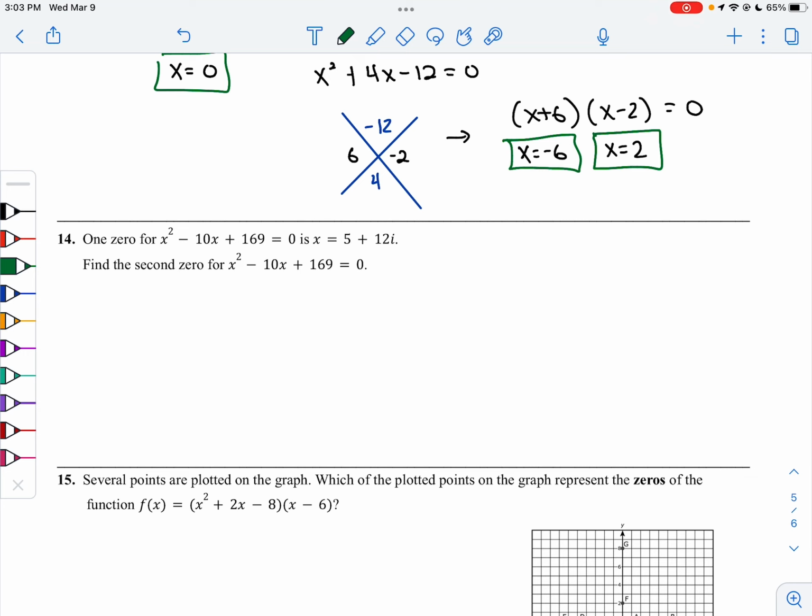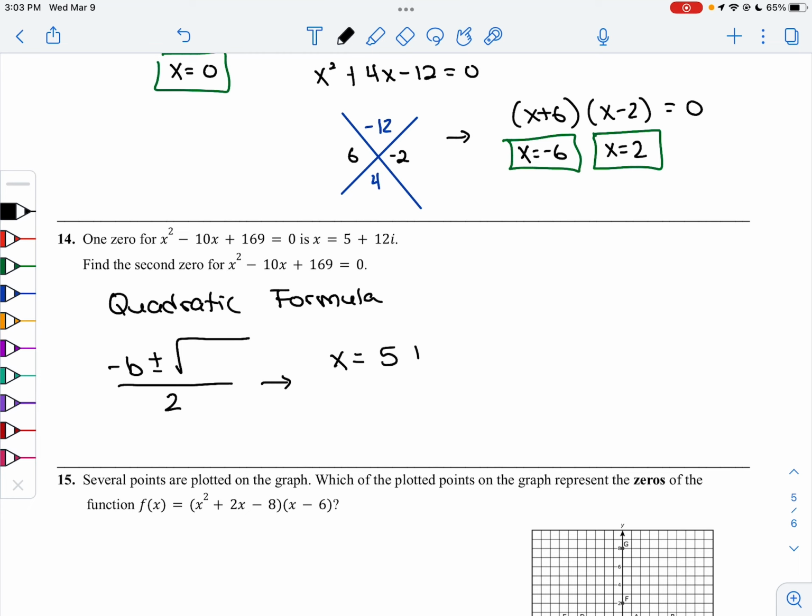Number 14, one zero for x squared minus 10x plus 169 equals 0 is x equals 5 plus 12i. What's the second zero? This comes from the quadratic formula. When we do the quadratic formula, we always end up with negative b plus or minus the square root of everything, divided by 2a. Well, it's telling us that one of our x's is already 5 plus 12i, so they already covered the positive x value.